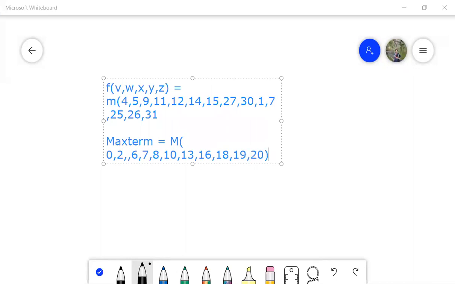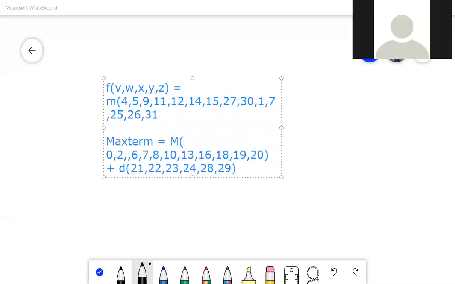So let me take this as max term format, plus I'll give some don't care expressions of 21, 22, 23, 24, 28 and 29. Both the questions are same, okay? I've just converted it. So this question is in max term format, this will be in min term format.